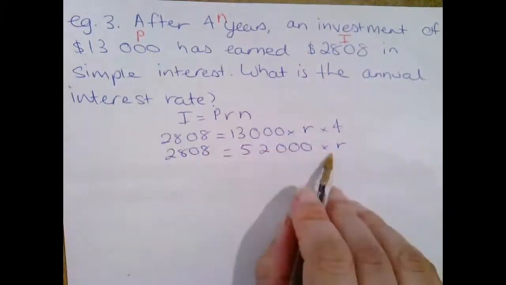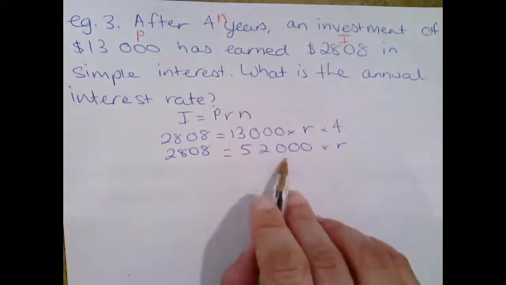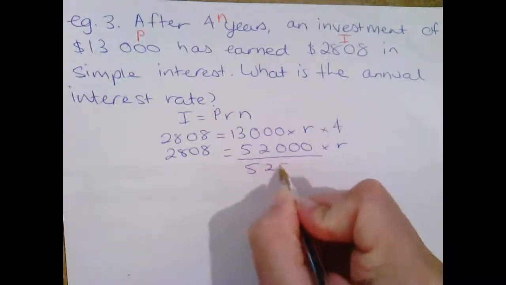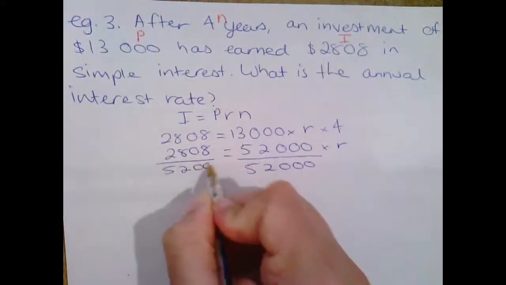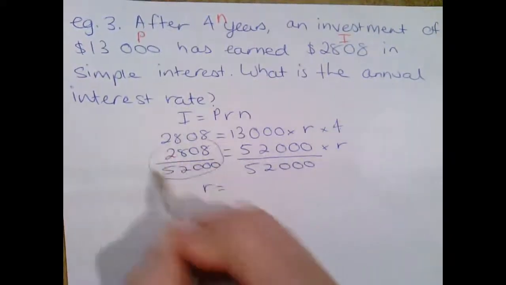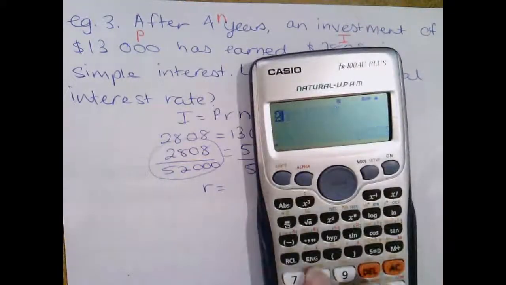Now, if we've got 52,000 times R, what's the opposite of timesing by 52,000? Dividing by 52,000, which sounds weird. That's a big number to be dividing by. So now we can type that fraction into the calculator.